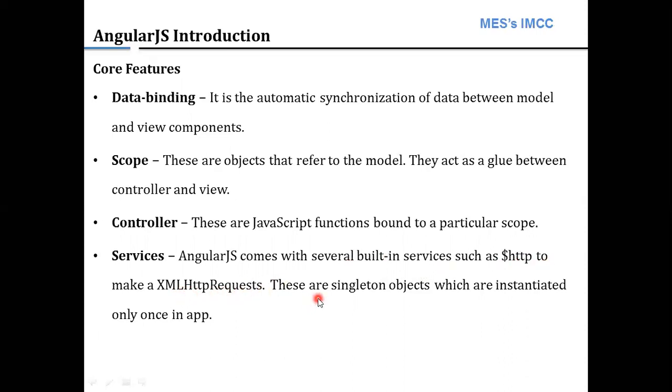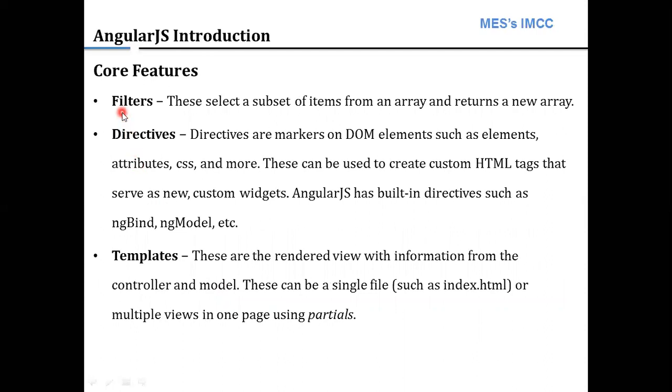These are singleton objects which are instantiated only once in the app. The next feature is filters. In AngularJS, filters are used to select a subset of items from an array and return a new array.